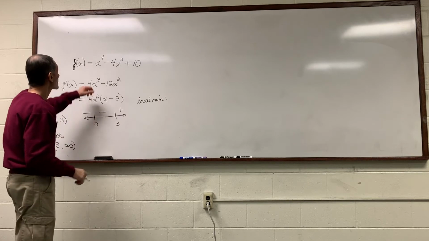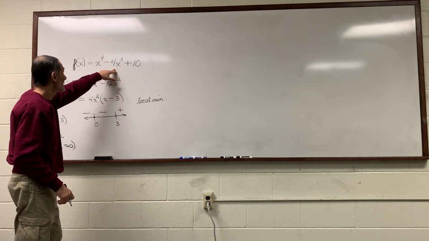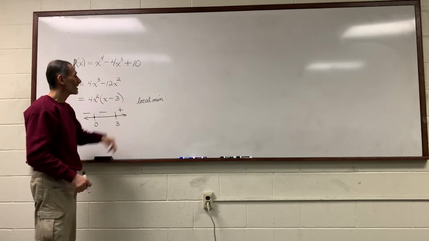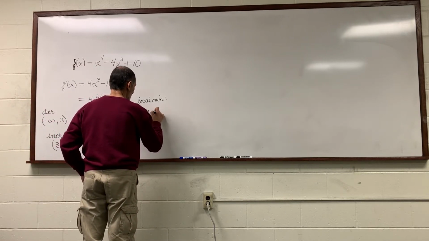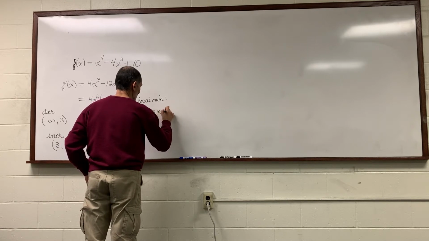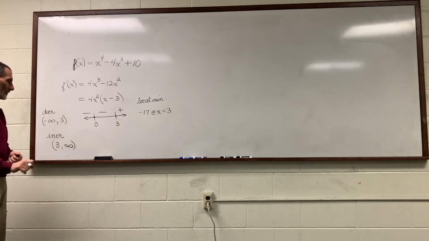At x equals 3, we would have 81 minus 108, negative 27 plus 10, negative 17. All right, that's what we can get out of the first derivative.